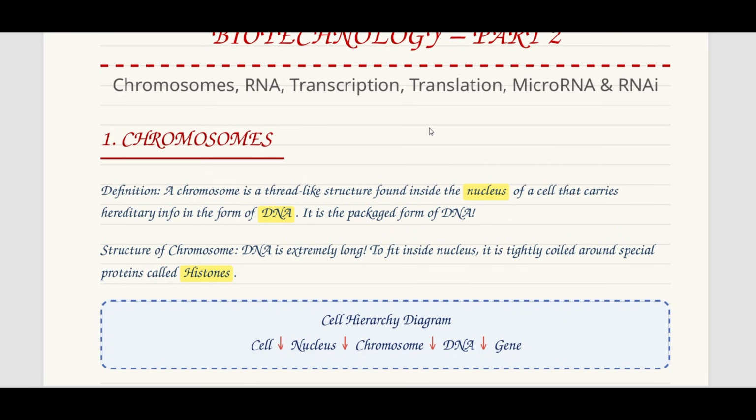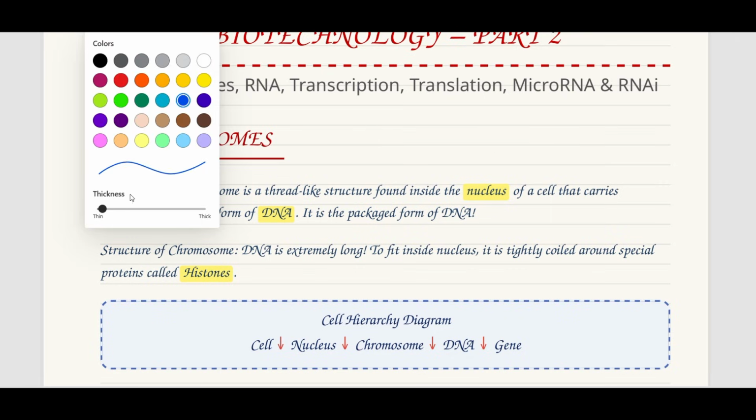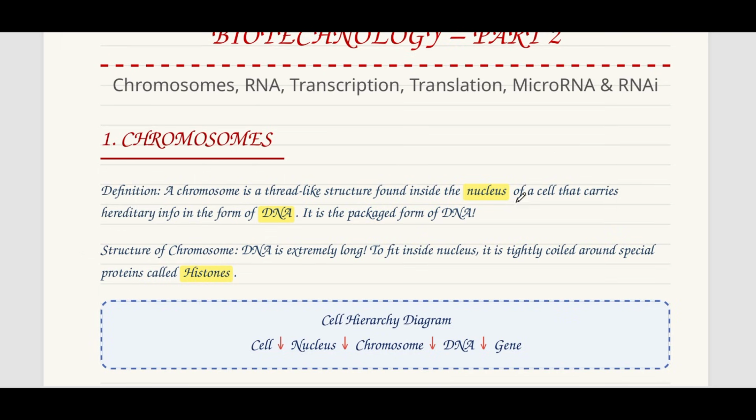The nucleus carries hereditary information in the form of DNA. The chromosome contains DNA, and DNA has the capacity to carry hereditary information.